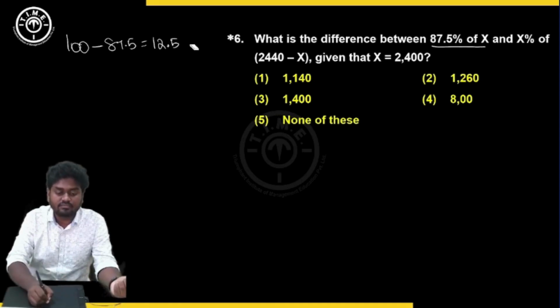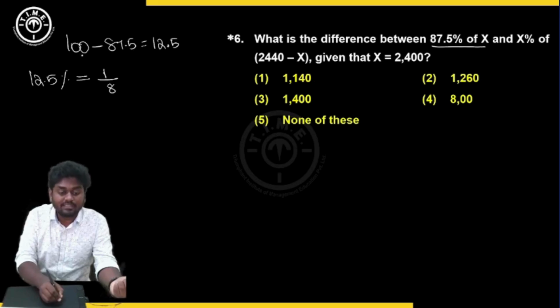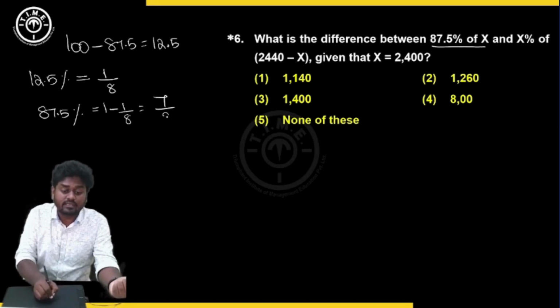I get 12.5. Then I know 12.5% is 1 by 8. Correct? The equivalent fraction of 12.5% is 1 by 8. So 87.5% will be 1 minus 1 by 8, which will be 7 by 8. Correct?